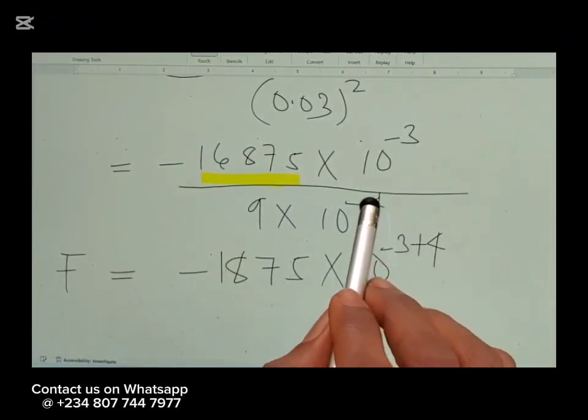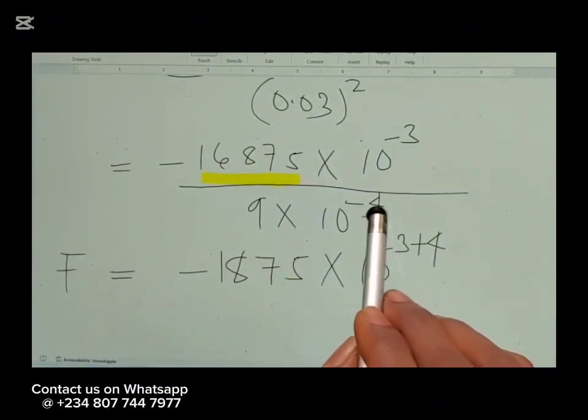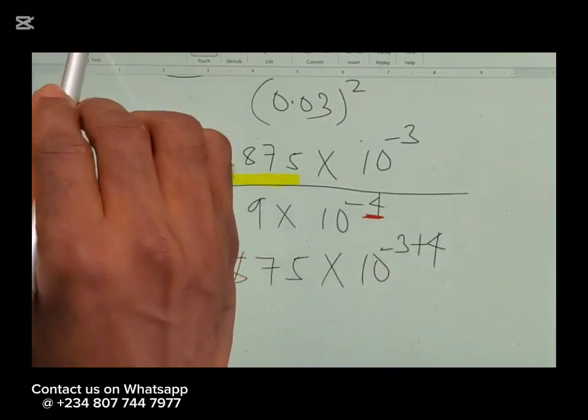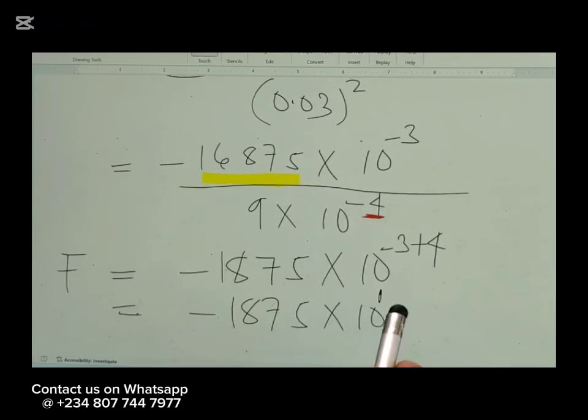That means I'm taking this minus 4 from the denominator to the numerator to be plus 4. So the last answer here is going to be minus 1875 times 10 to the power of 1. All right, 10 to the power of 1 is 10.